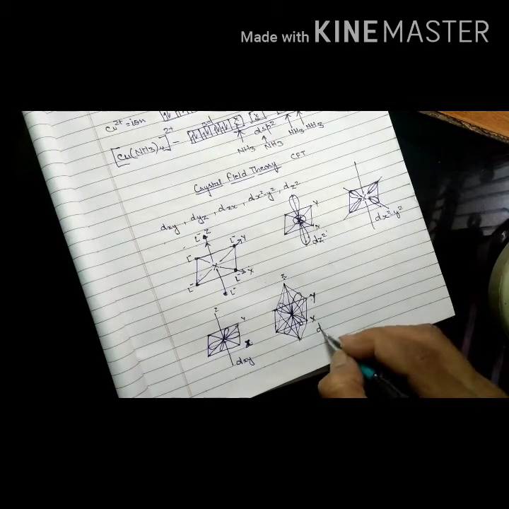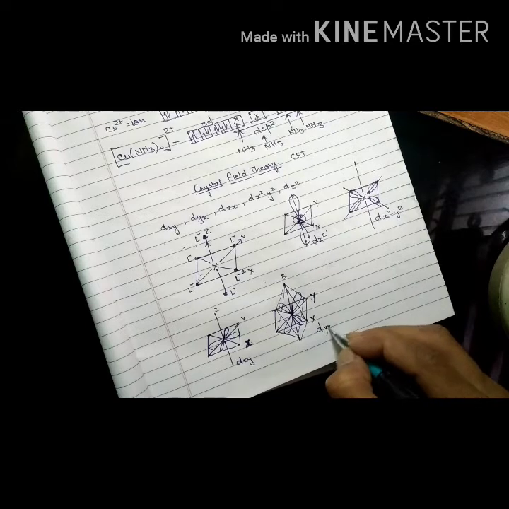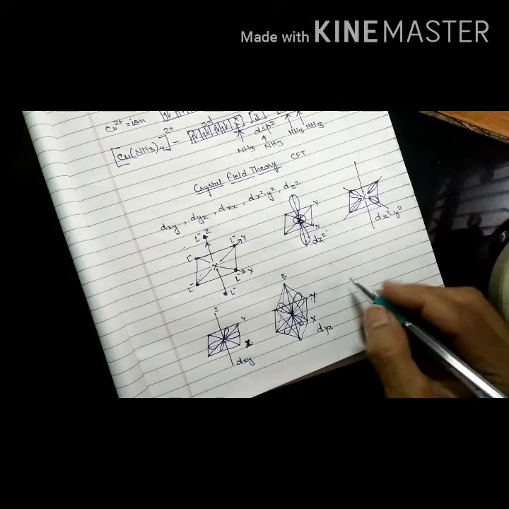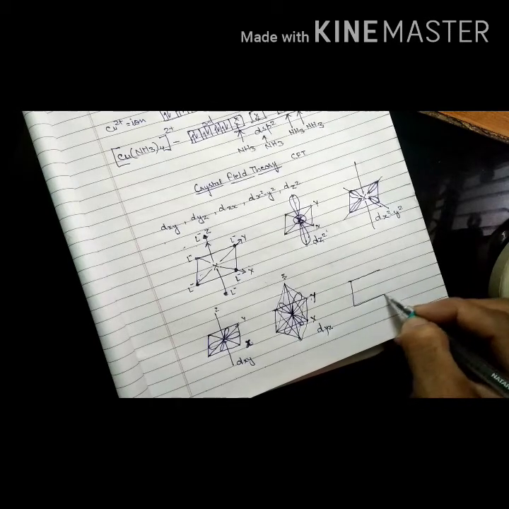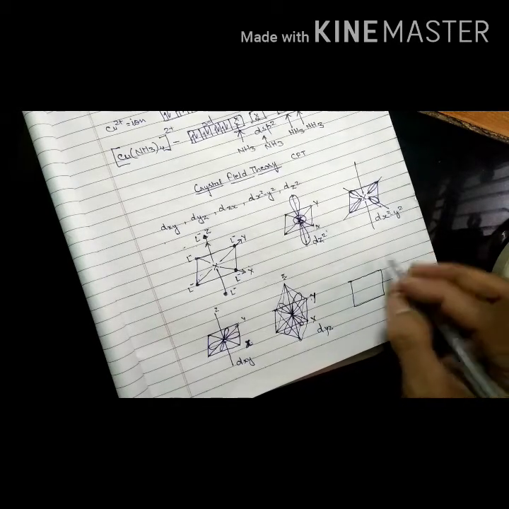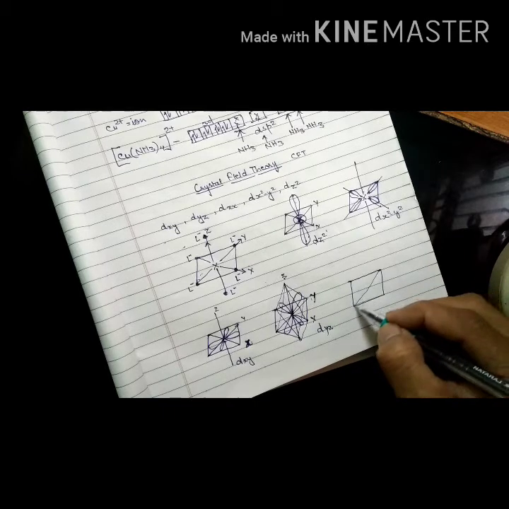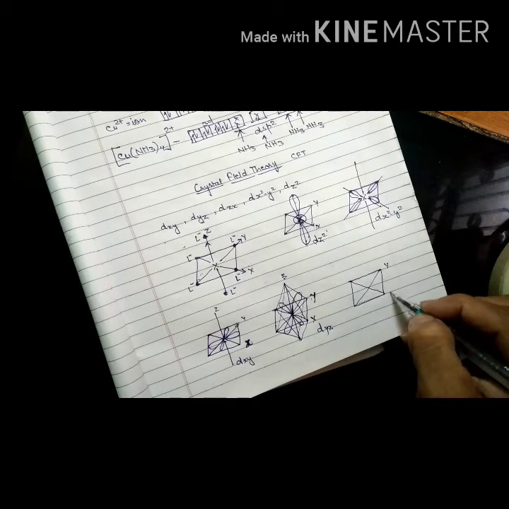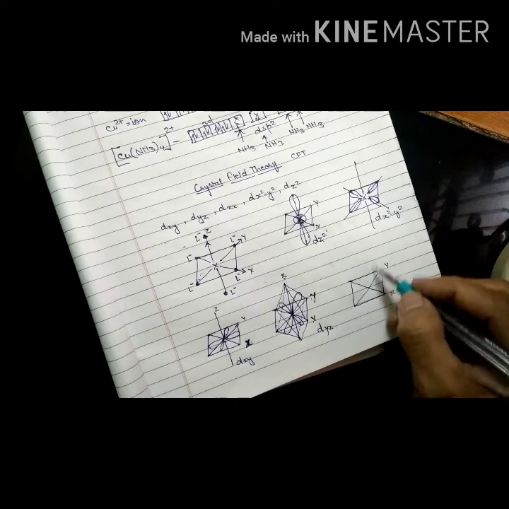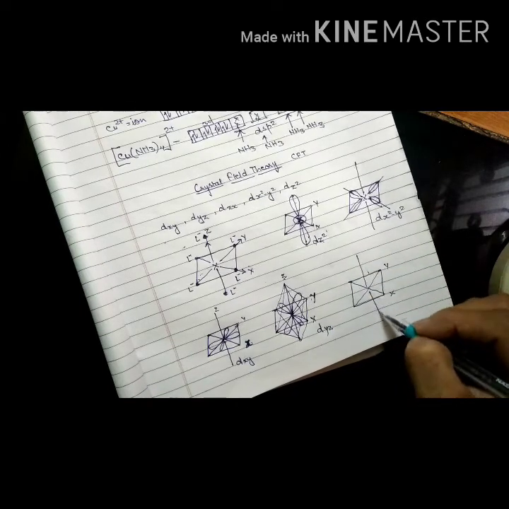So this is called dyz, and the fifth one, y axis, x axis, and this is the z axis.